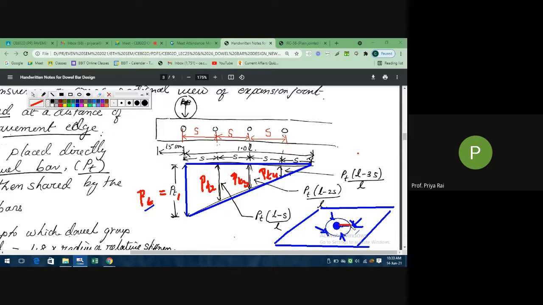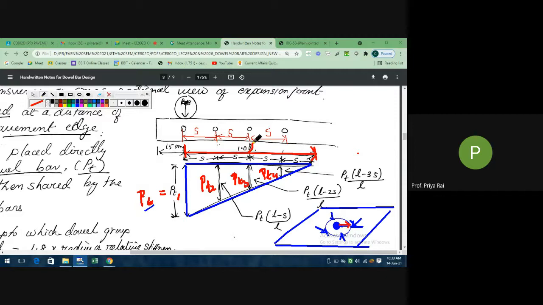At this distance you will get the effect. After this there will be no effect of this weight. Similarly, for this, the effect will be till here, which is written here as L.